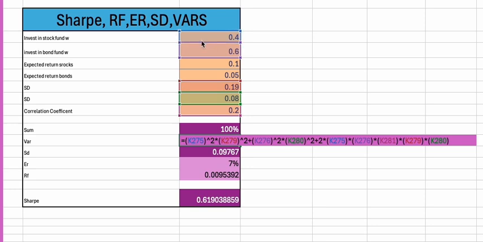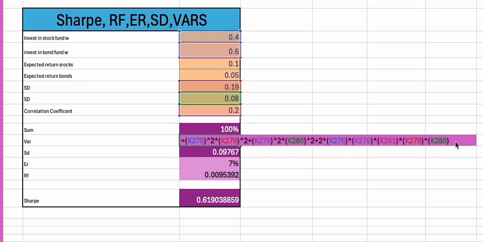your weight, and then you're going to multiply it by your weight in your bond fund, and then you're going to multiply that by your correlation coefficient, and then you're going to multiply that by your standard deviation, and then you're going to multiply your first standard deviation by your second standard deviation, which you will probably need to pause to be able to conceptualize this because it's very long and repetitive, but it isn't that hard.